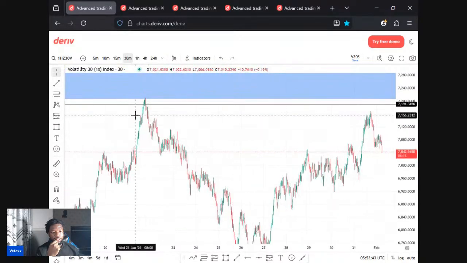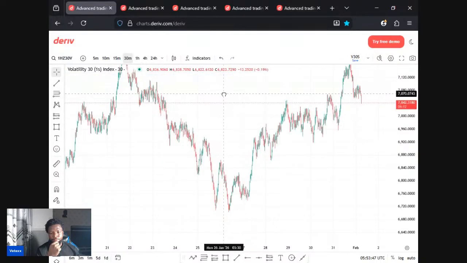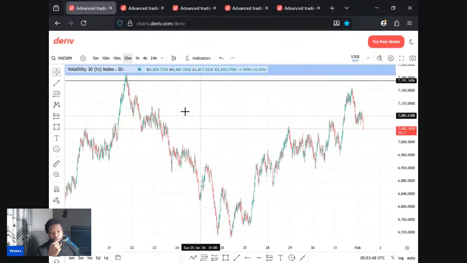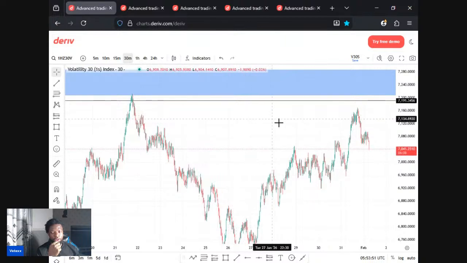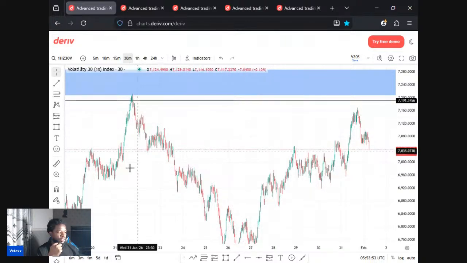I'm trying to consider this sweep, but it's not really visible enough. So I will just wait. Okay, there's no need to hurry. I'll wait for a clearer structure.